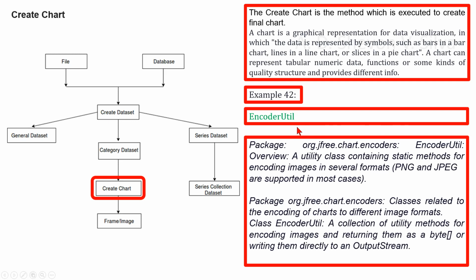Class EncoderUtil: a collection of utility methods for encoding images and returning them as a byte array or writing them directly to an output stream. The methods in this class are called by the ChartUtilities class and make use of encoders pre-configured in the ImageEncoderFactory class.